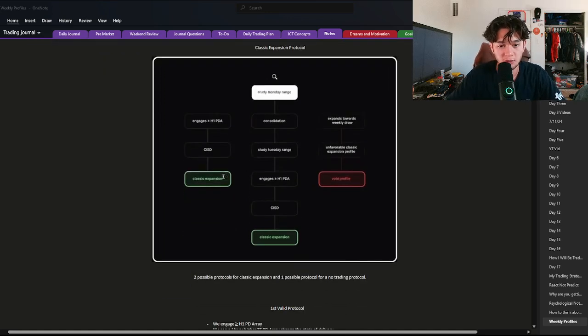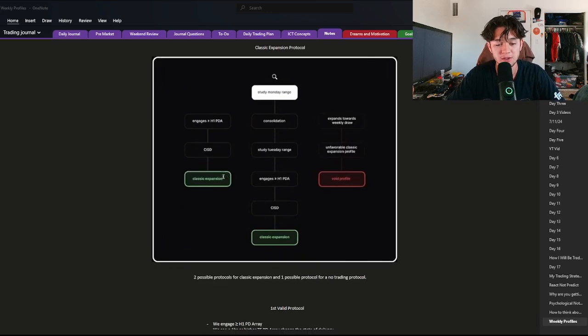So there are three possible protocols when assessing this weekly profile. Firstly, on Monday, we're just going to let Monday play out. I'm not trading Monday at all. I'm letting it play out, and then on Tuesday I'll look back at what Monday did and assess it. What we're looking for is price to engage a higher time frame PD array, and a higher time frame is 1 hour or higher.